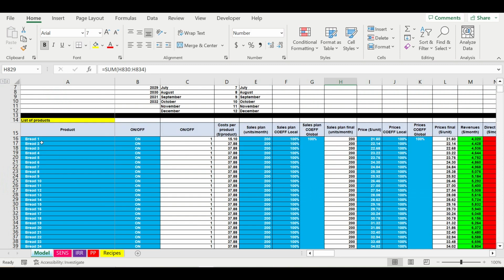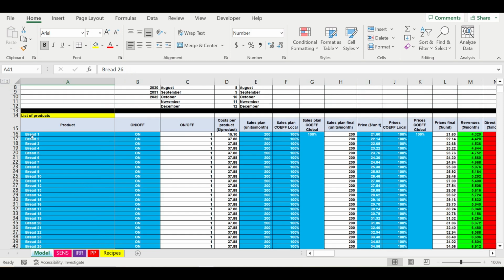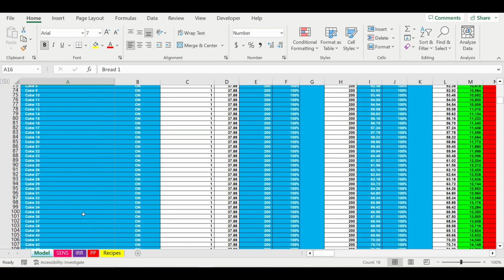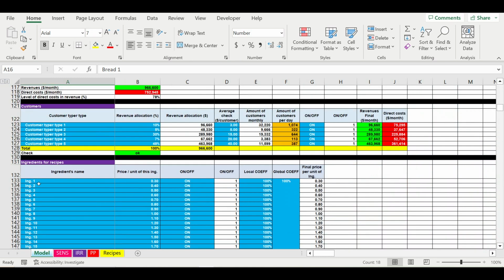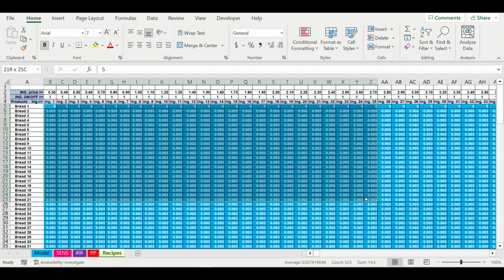In our case, we are taking all the product line that we are going to sell inside our bakery. So this is the product line. These are the ingredients, and here in this table we are specifying the consumption of ingredients.